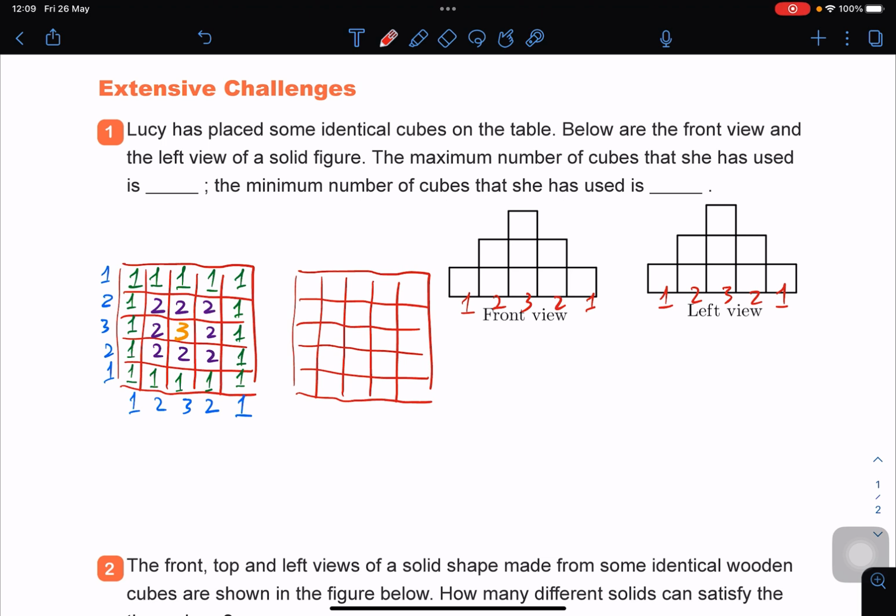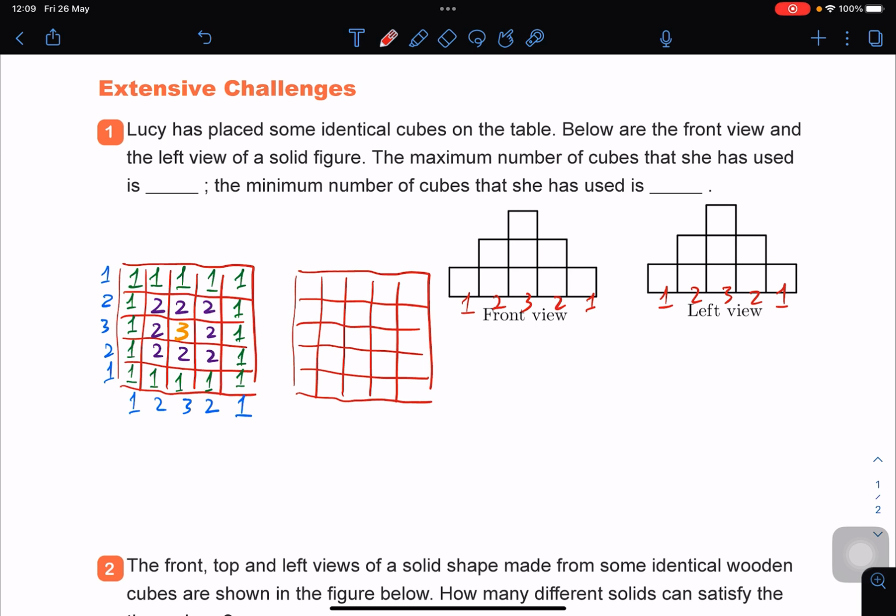However, for the minimum arrangement, we need to think about how many cubes I need at least in each row and column. So there are 5 columns that we can see from the front, and also 5 columns that we can see from the left.